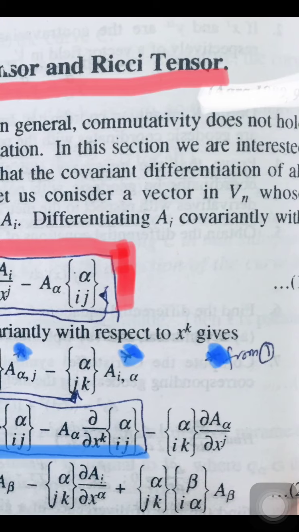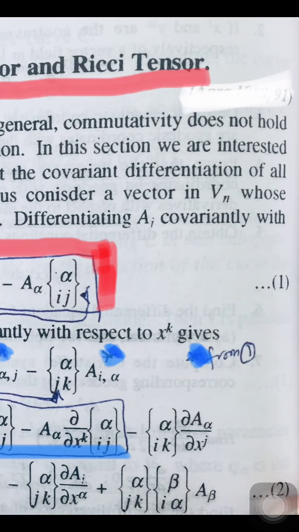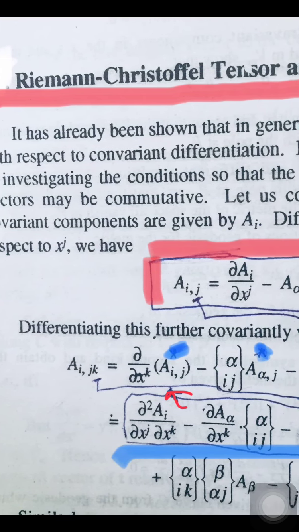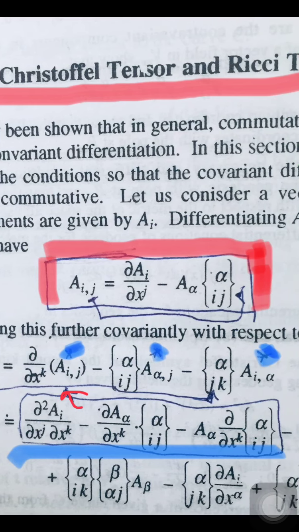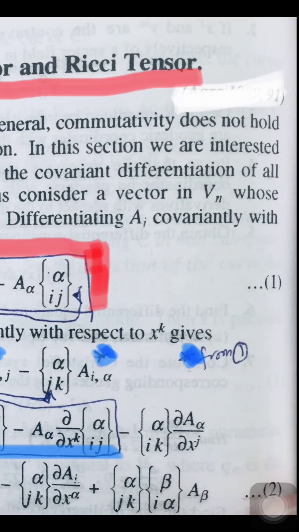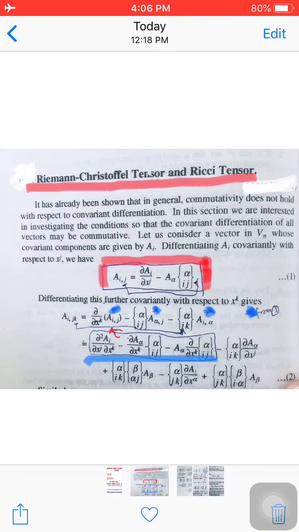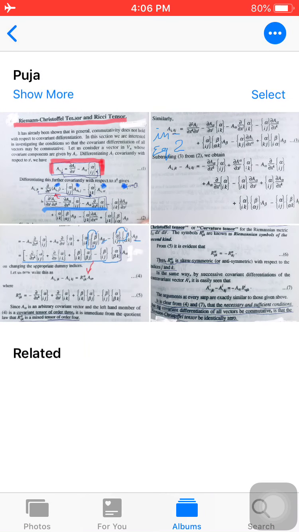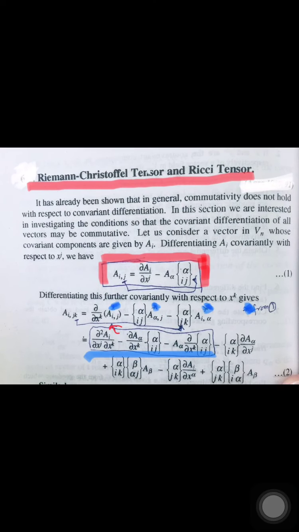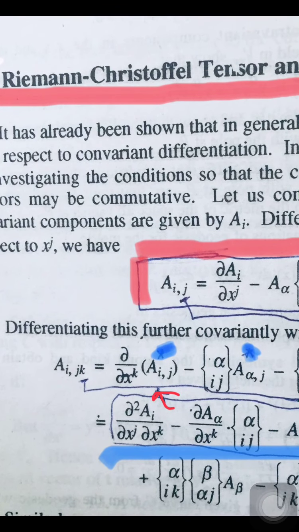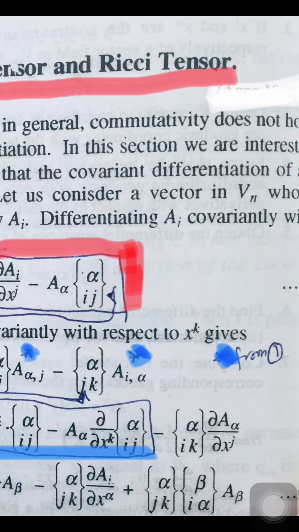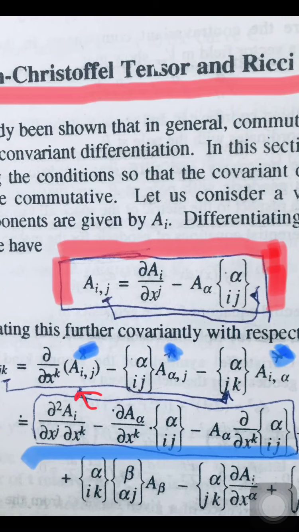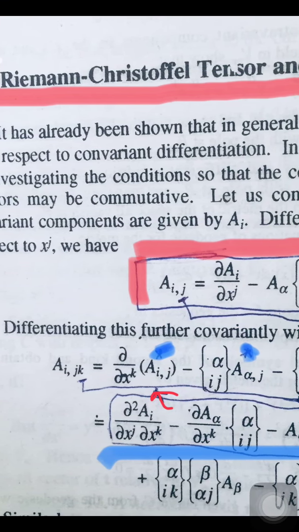Let us consider a vector in Vn. Vn means n-dimensional Riemannian space, whose covariant components are given by Ai. Differentiating Ai covariantly, which we studied in the earlier chapter, just the last lecture, how we define covariant differentiation, with respect to xj.